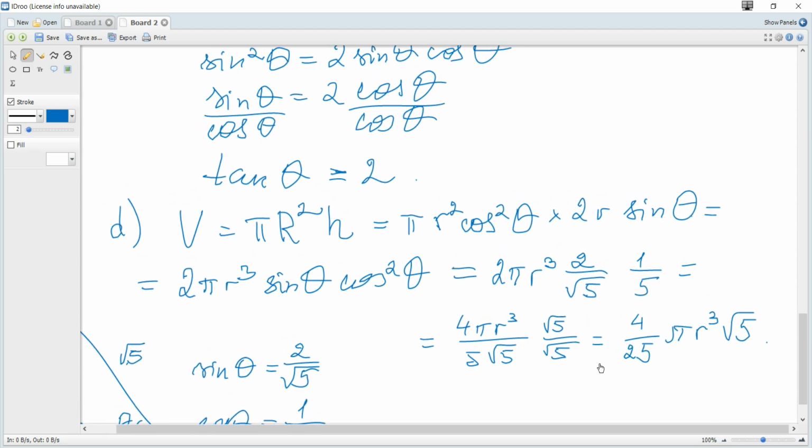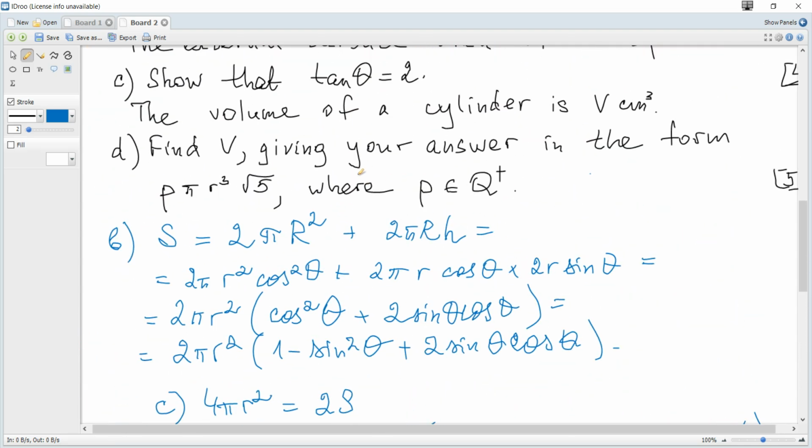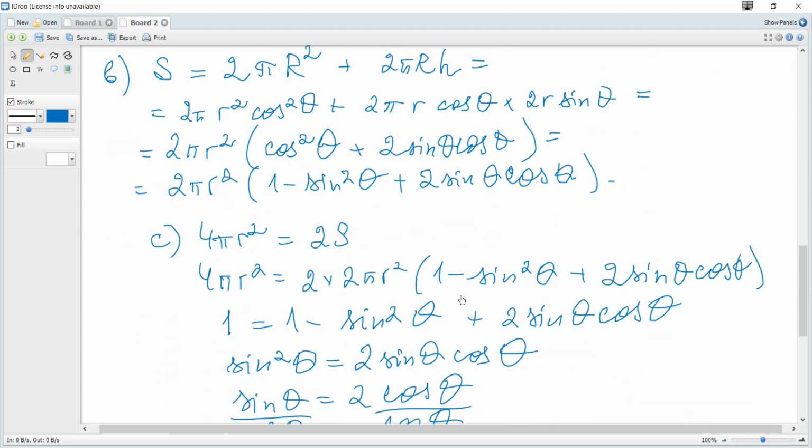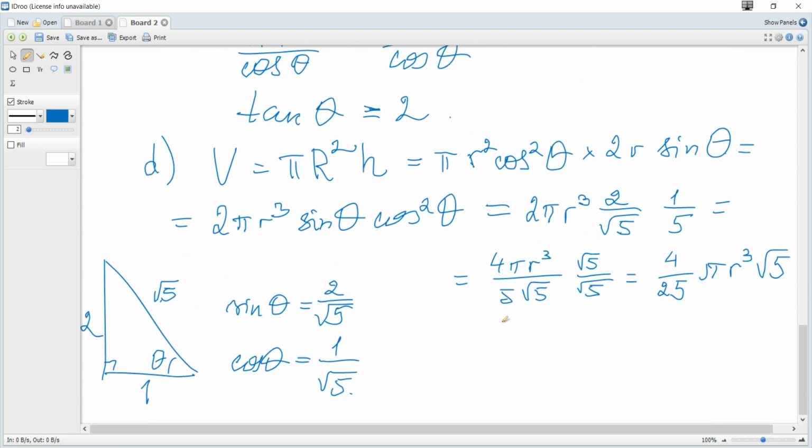That's the required value for the volume, and that's all for this question.